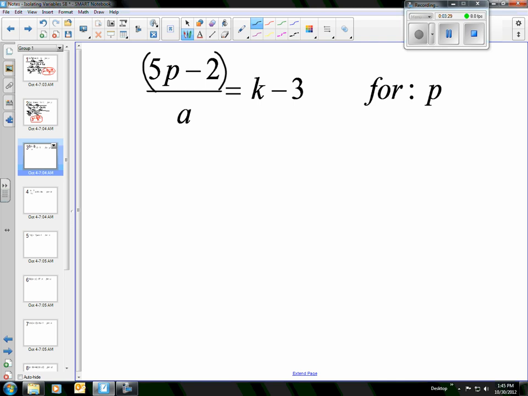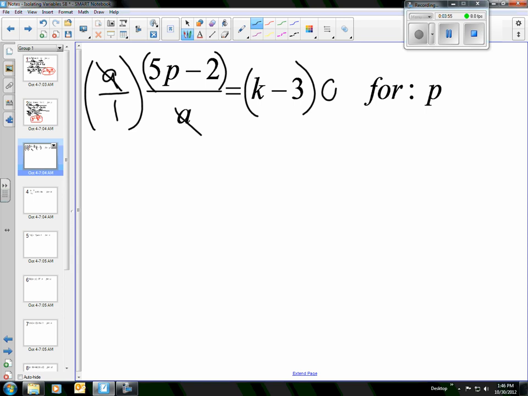So working backward of the order of operations, if the last thing that I do in the order of operations is divide by a, then to undo that, we need to multiply by a on both sides. Now here, on the left side, the a's will cross divide to give me 1. And then on the right side, I not only multiply the k, but I also multiply the negative 3 by a.